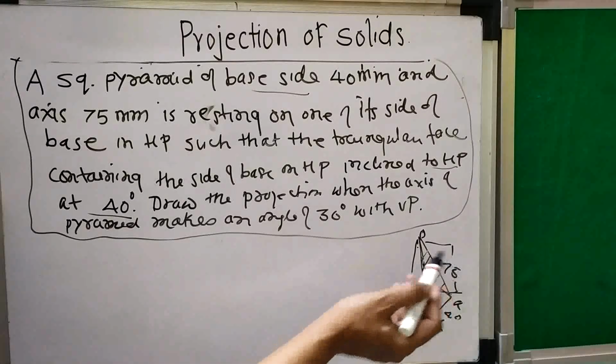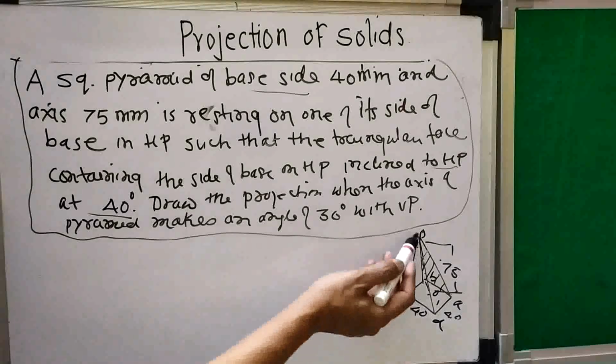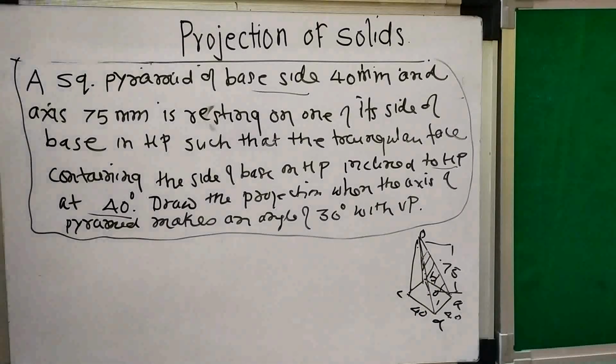This face is inclined to HP and the axis is inclined to VP. So this is the language of the problem. Now we are going to solve these problems. I will explain the steps how to solve them. I hope that you understand the language of the problem.